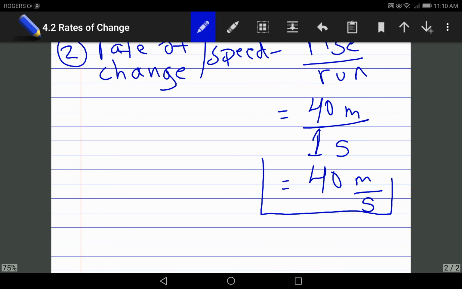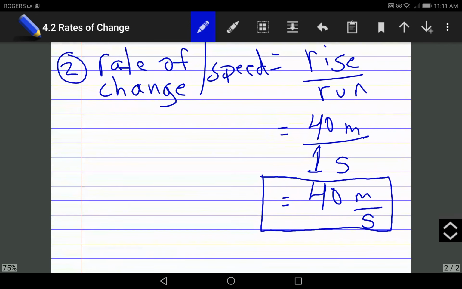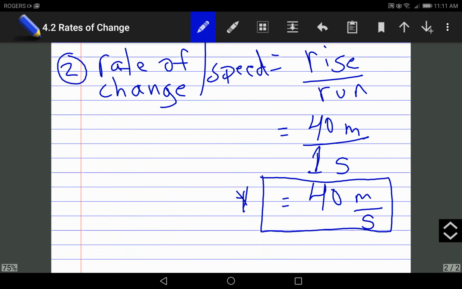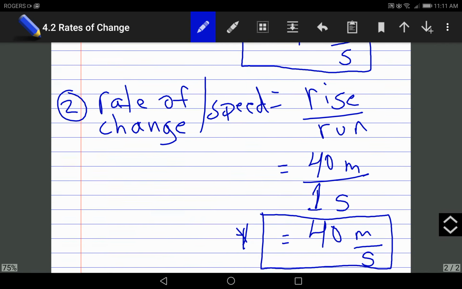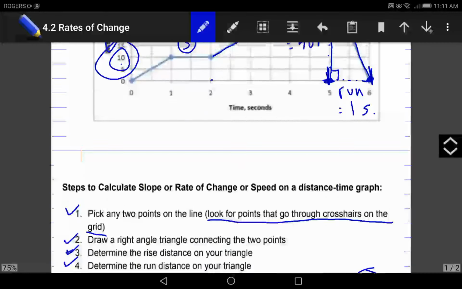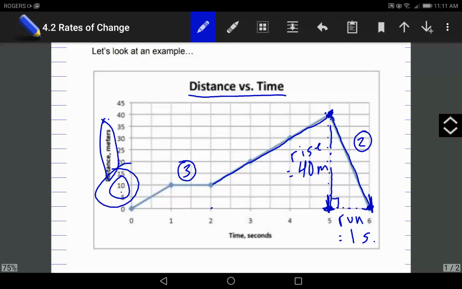That is my speed. And as I said, we expected this to be a steeper line than the previous one we found. So my answer here was 40, and look at my answer above was only 10. And that makes sense. The steeper the line, the larger that value is going to be. But remember what I said up here. This is now a negative slope, or it is a negative rate.